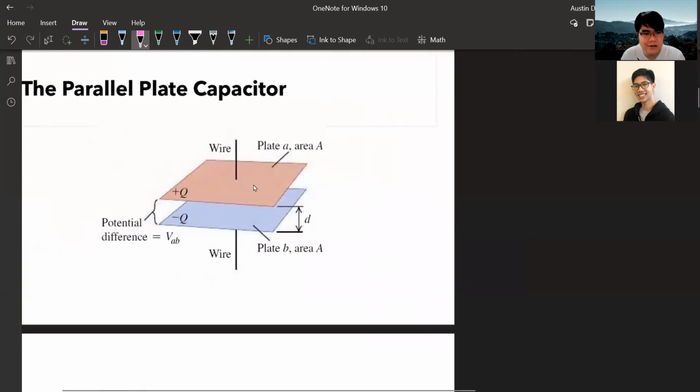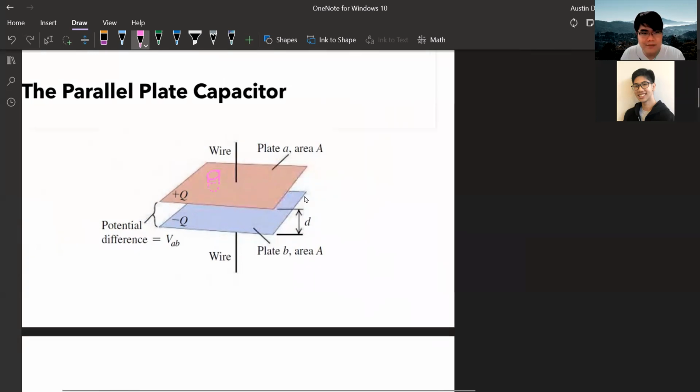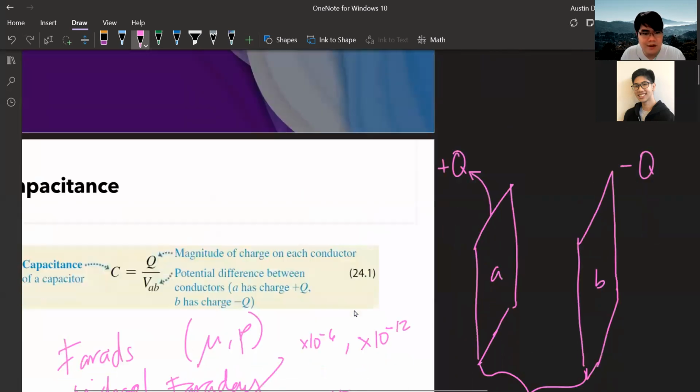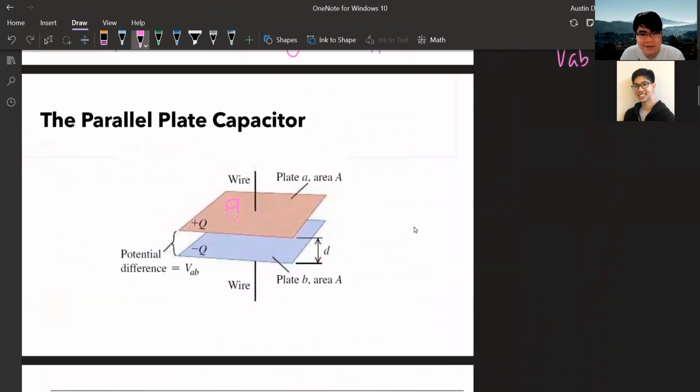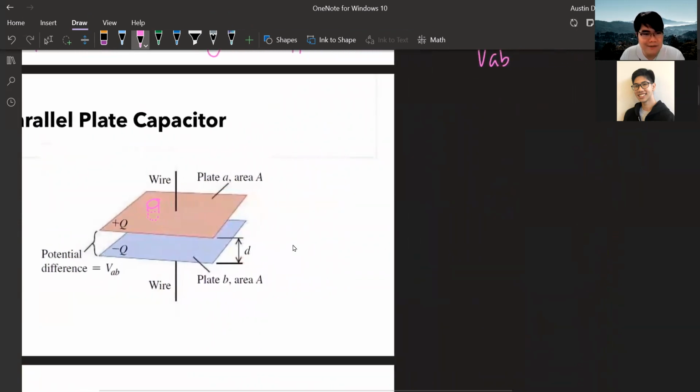By Gauss's law, gawa ka ng box or cylinder. Cylinder na lang para cute naman this time. That is passing through there. Ay, sorry. Sira na yung scroll ng mouse ko kaya tumatalon bigla.